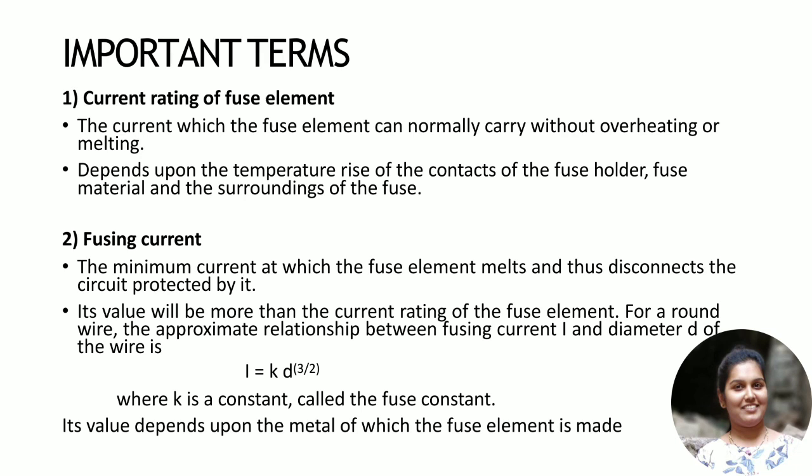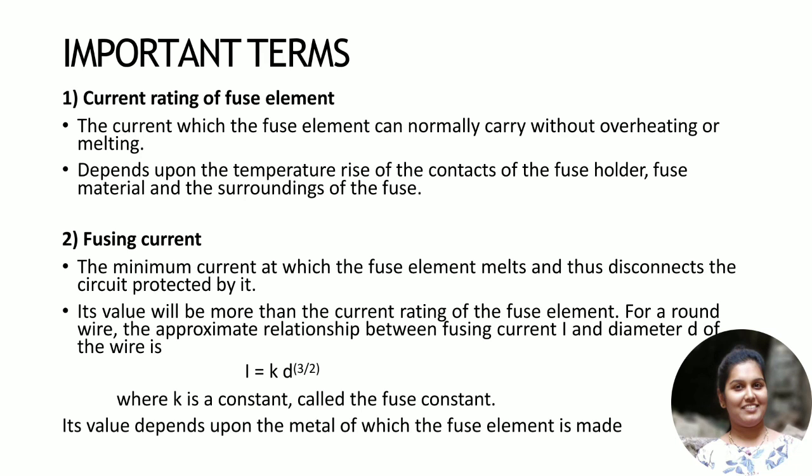So these points like fuse holder, fuse material and surroundings also add up to this current rating of the fuse element, right? Altogether, the fuse element current rating is the point up to which the fuse can withstand current without any overheating or melting.